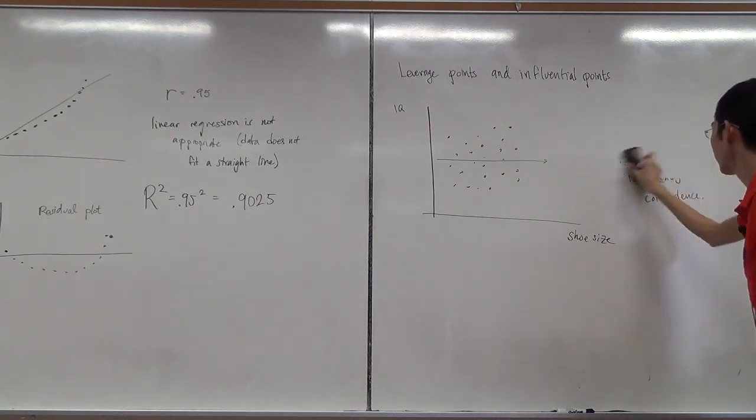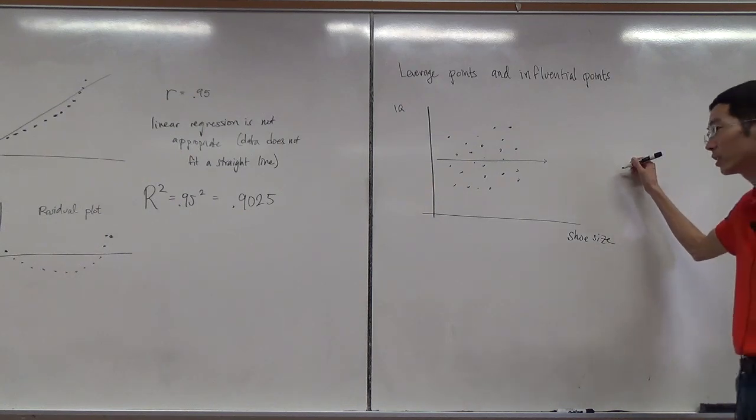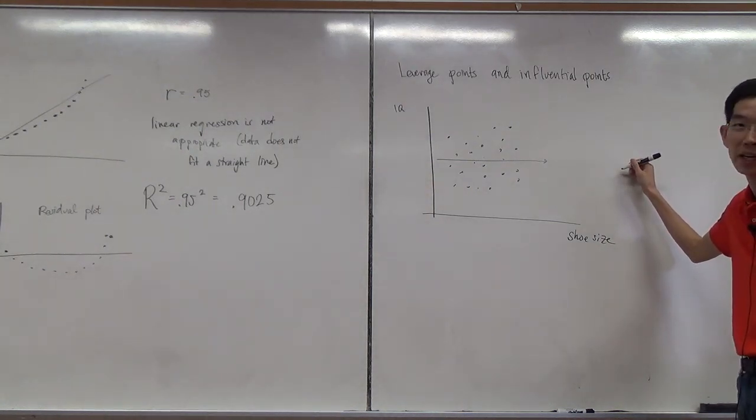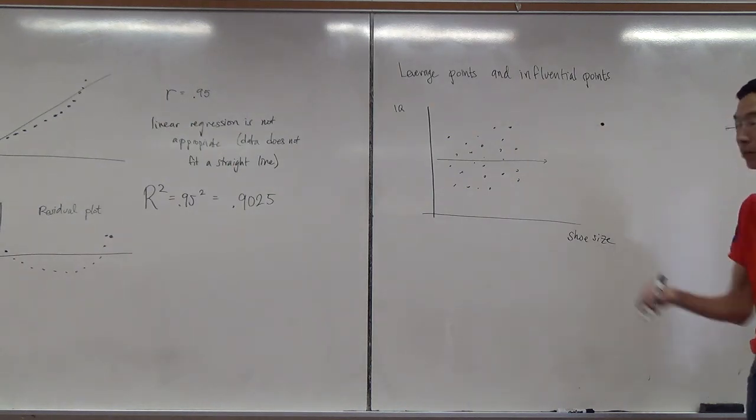On the other hand, what if I throw in a person with very large feet? Let's say someone has extremely large feet, and this person had a very high IQ. Okay. So we have a point right there.